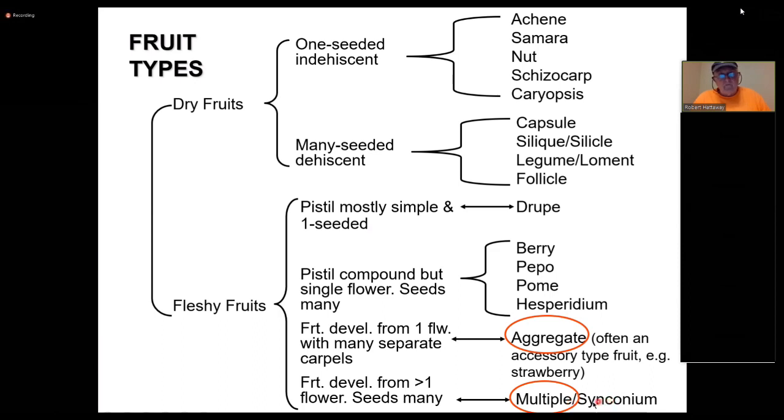Syconium is a fancy word for the fig. Mulberry is another example in the same family as fig, by the way. The astonishing thing is that a strawberry or a blackberry is an aggregate fruit, but a lookalike, mulberry, is a multiple fruit. So you have a cluster of ovaries that are in the same flower. Here you have every ovary in a separate flower.